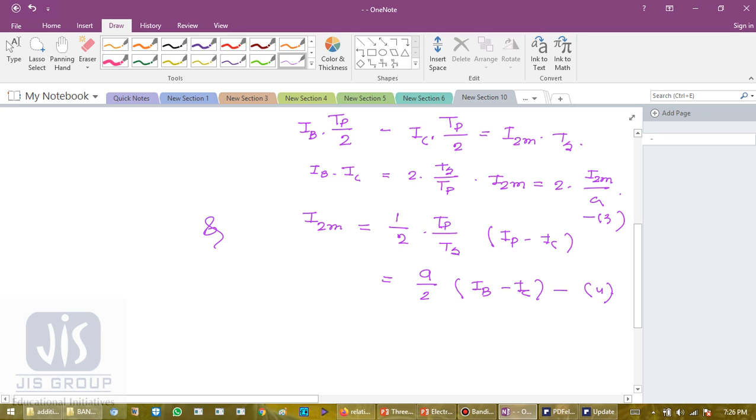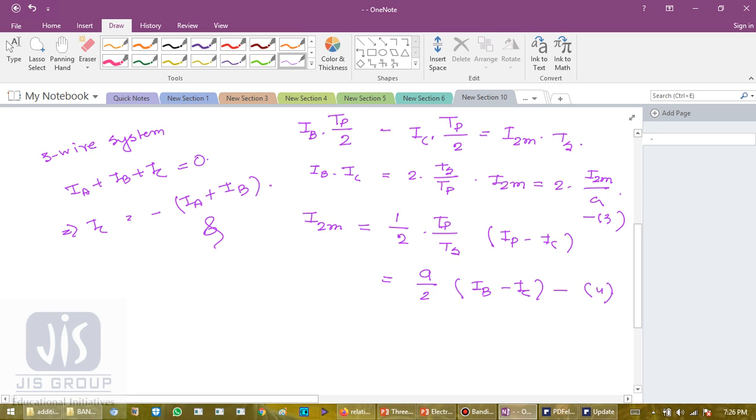Now this is for a 3-wire system. From basic electrical knowledge we know for a 3-wire system, IA plus IB plus IC equals 0. So IC equals minus of IA plus IB.